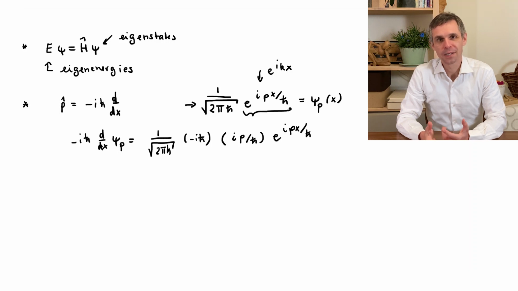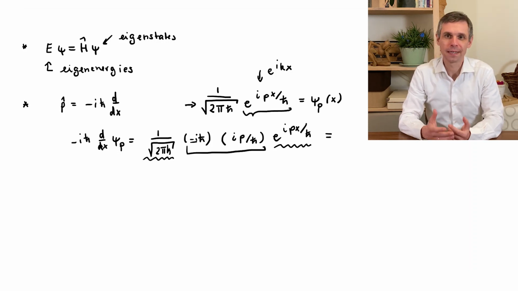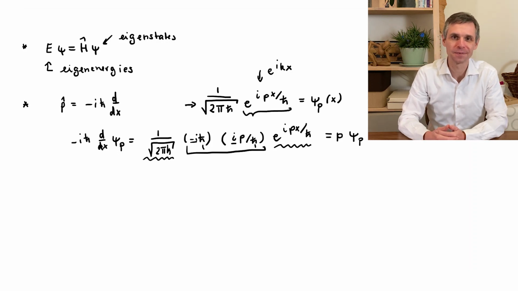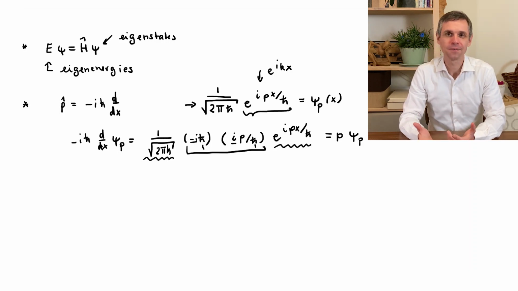Now we see that these terms that I underline here again make the wave function, and the terms that I have here actually just reduce to p, because minus i cancels with i, and the first h bar cancels with the second h bar, so we just get p multiplied by psi p, which is exactly what we wanted to have. So this is just another example of an eigenstate, but not an eigenstate of fixed energy, but of a fixed momentum.